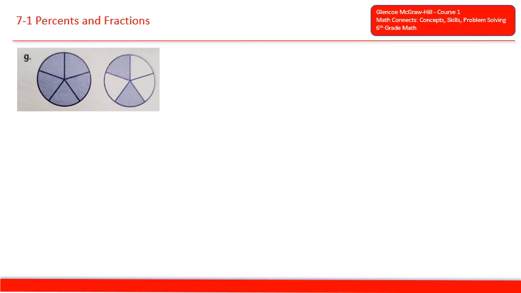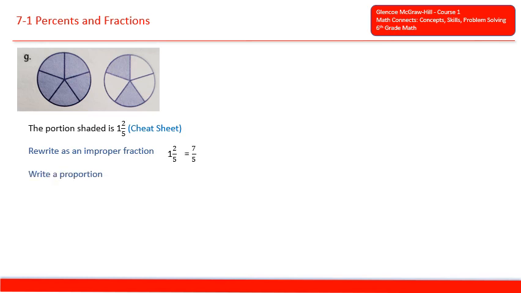So G, we have two circles that are divided up. First one is 5 out of 5 pie pieces of, let's say, pizza are shaded. And in the second one, 2 out of 5 pieces are shaded. The portion shaded is 1 2/5. So we're going to rewrite 1 2/5 as an improper fraction. 1 times 5 is 5, plus 2 is 7, we get 7/5.